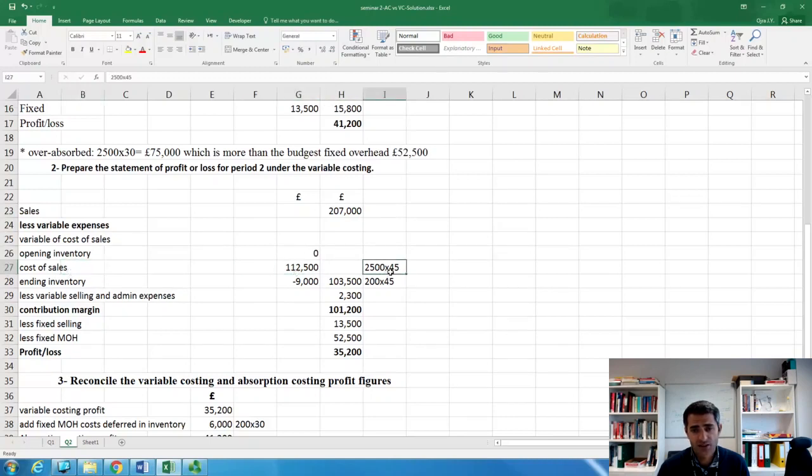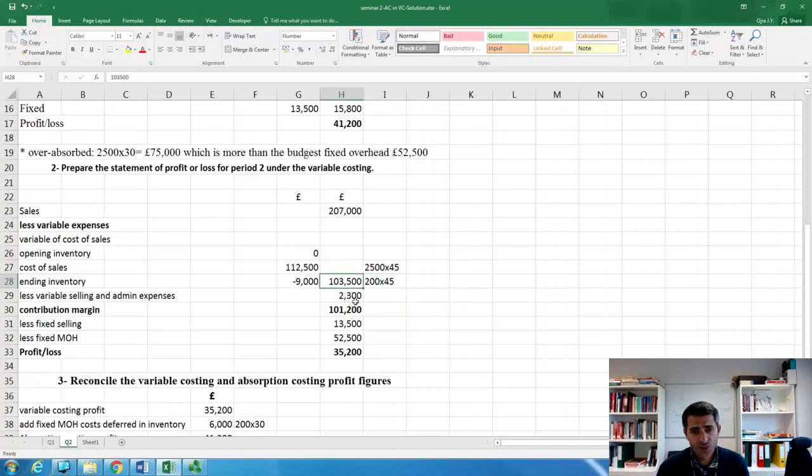We did say that the 2,500 units produced, you need to multiply by 45 pound, and we did say 45 pound is the product cost per unit using variable costing. Ending inventory or closing inventory again is 200 times 45, because there are 200 left, and you multiply by the product cost per unit, 45.